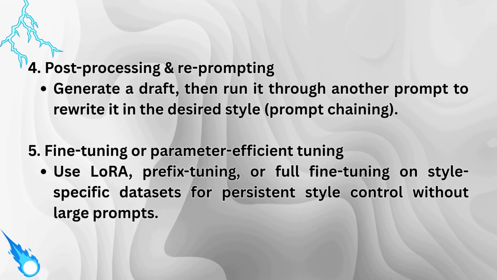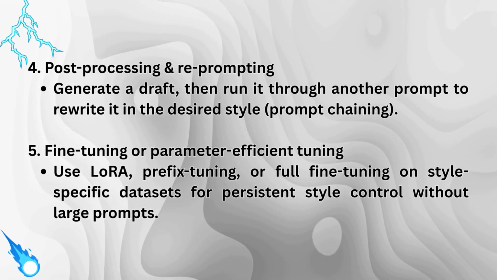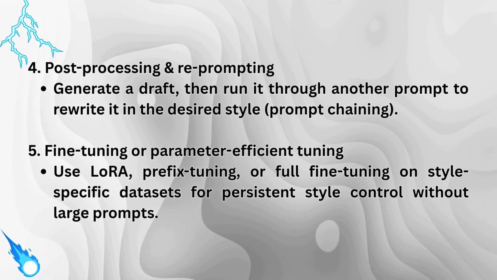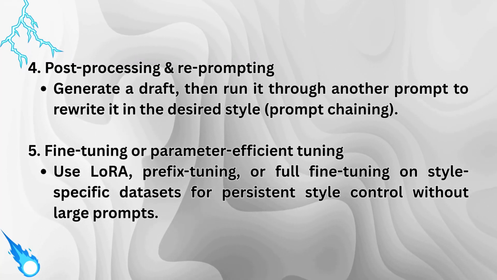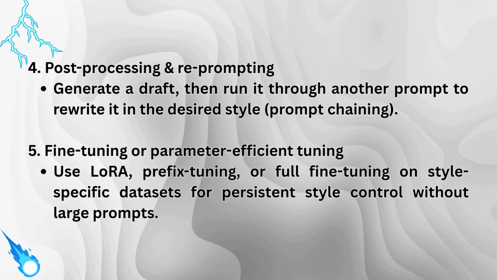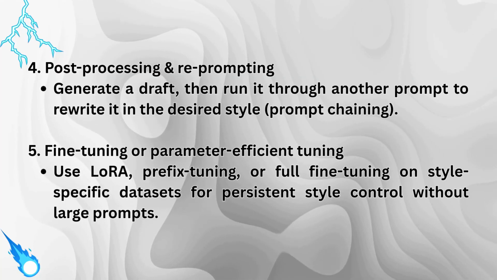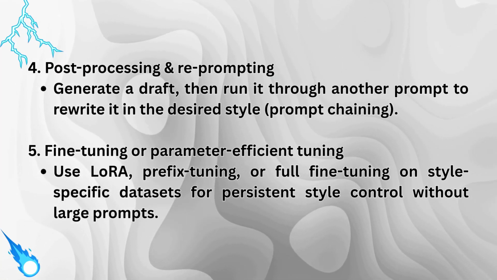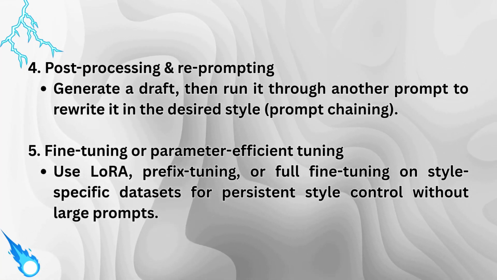Post-processing and reprompting. Generate a draft, then run it through another prompt to rewrite it in the desired style. Prompt chaining. 5. Fine-tuning or parameter-efficient tuning. Use LoRA, prefix tuning, or full fine-tuning on style-specific datasets for persistent style control without large prompts.